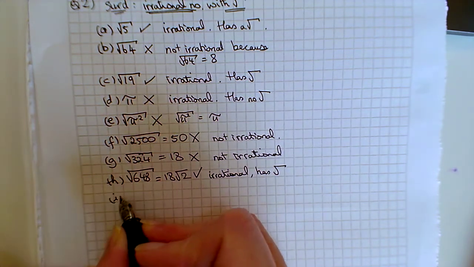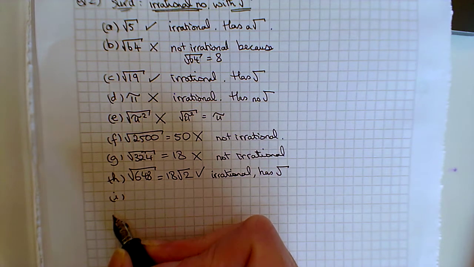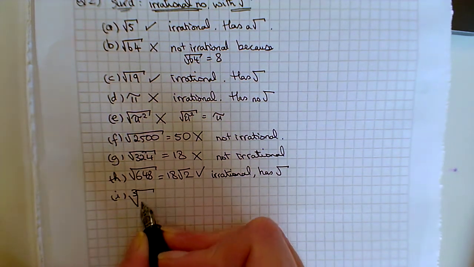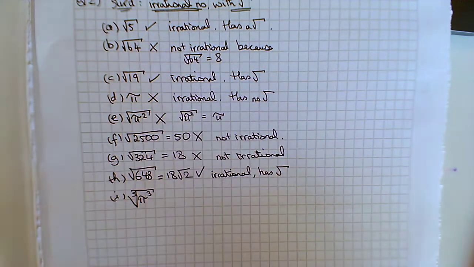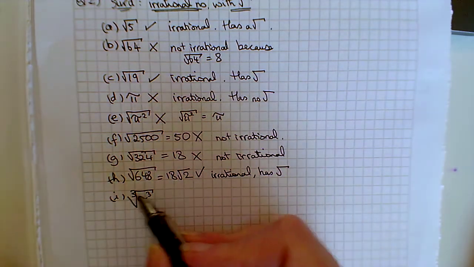And part I then, the cube root of pi cubed. Now we've done that square roots and squares cancel, but we hadn't really talked too much about cube roots or other types of roots.